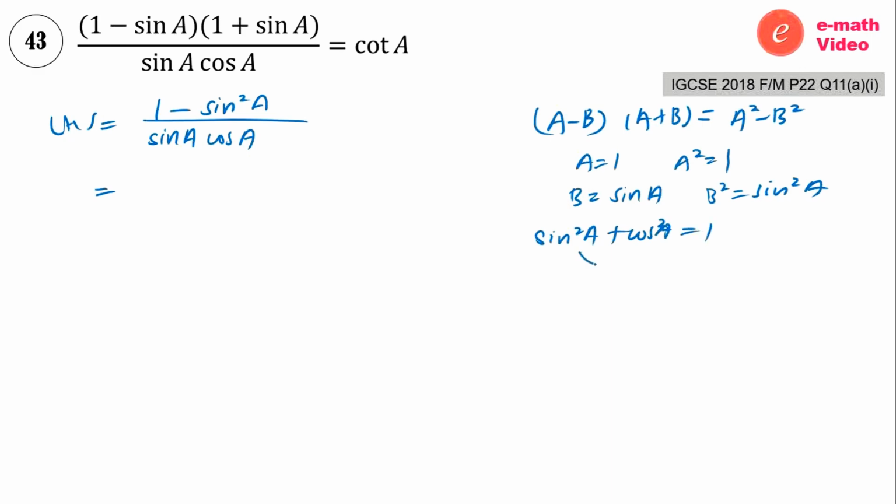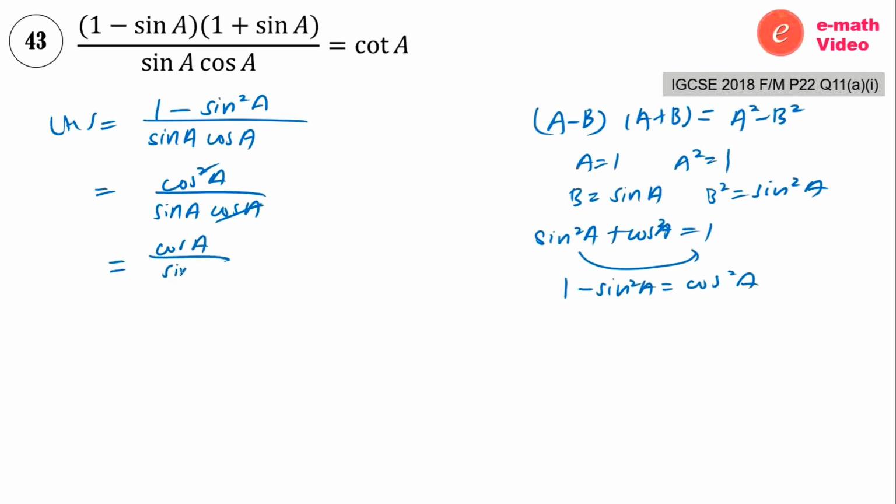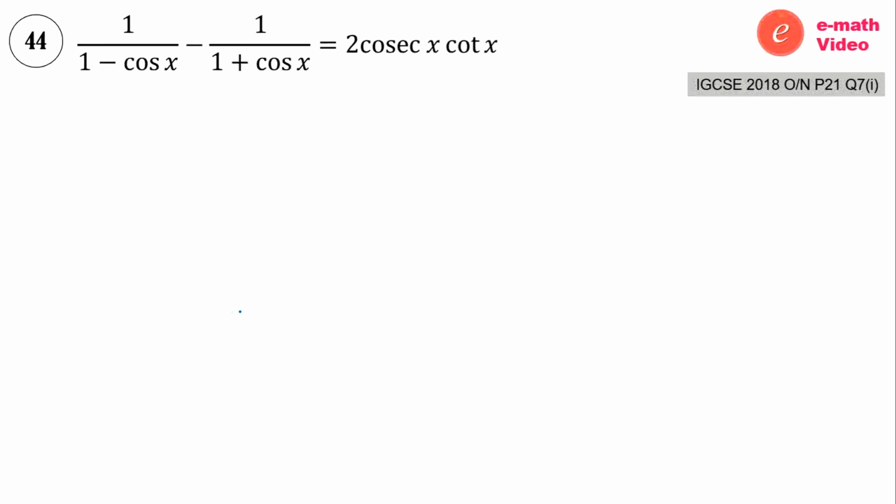When we move this to the other side, 1 minus sine square a equals to cos square a. Cos square a over sine a times cos a. Cos and cos square cancel equals to cos a over sine a equals to cotangent a. Proven. Number 44. Two fractions on the left hand side.